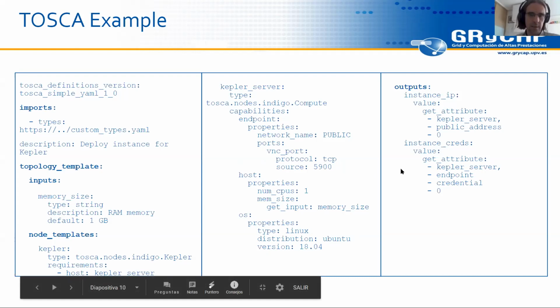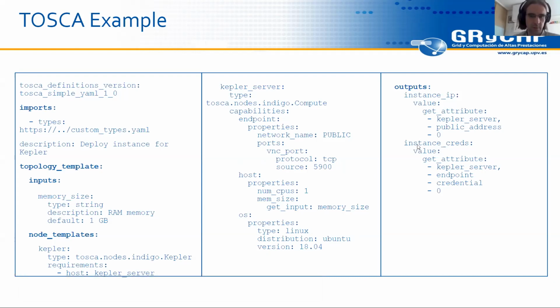And in TOSCA, we are also describing the outputs that we need. So in this case, we said that we want the instance IP, taken from the Kepler server, getting the first public address, and we are also getting the instance credentials in order to enable access to the node.